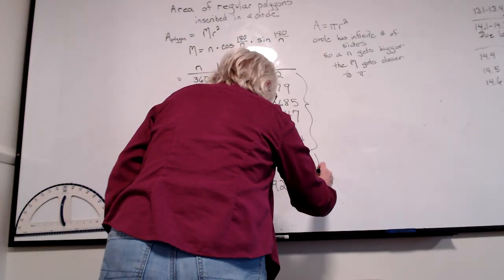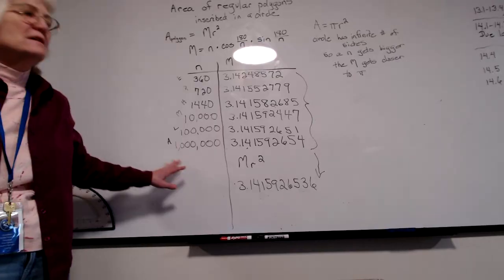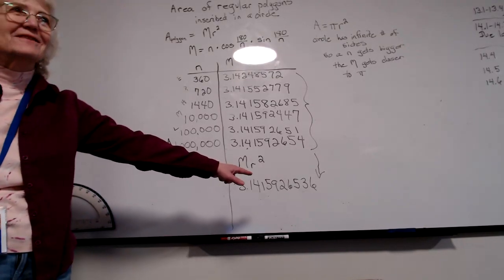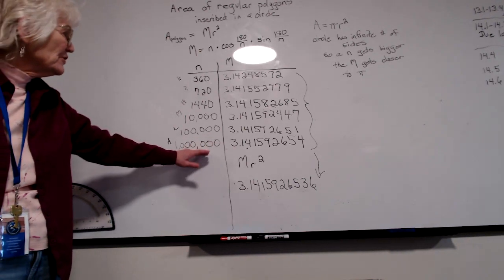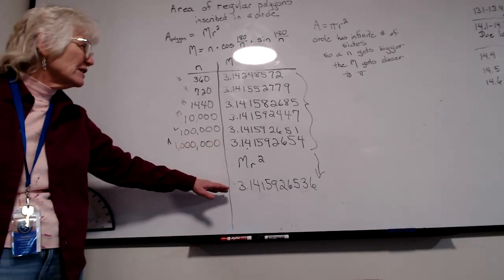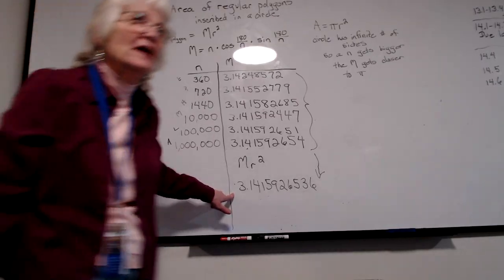We are almost at pi at 1,000,000 sides. When you get to 1,000,000, you are very close to that many decimals being accurate for pi.